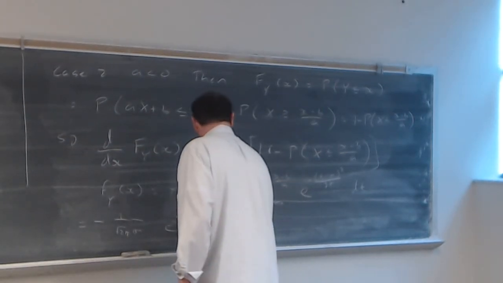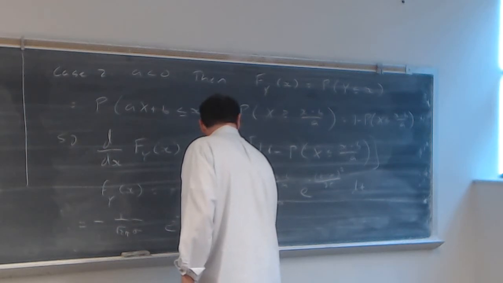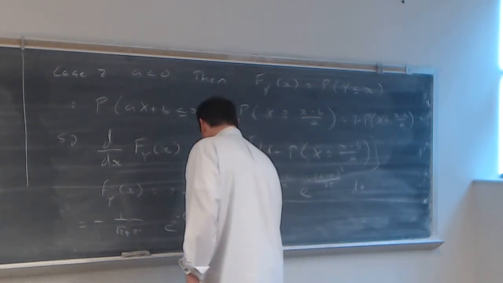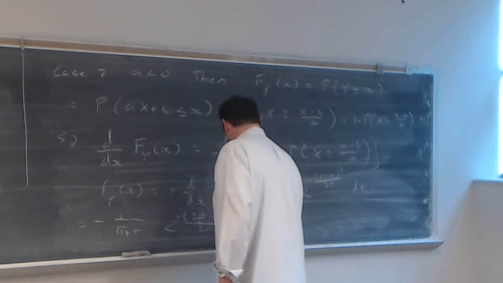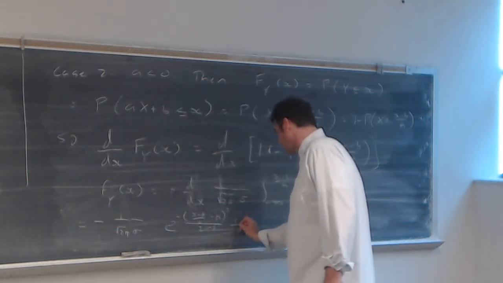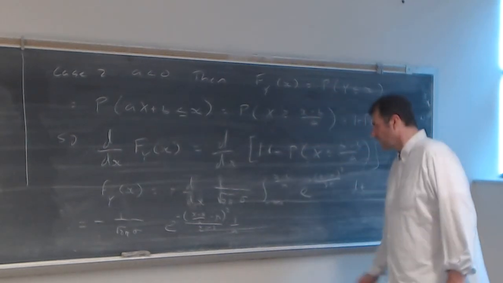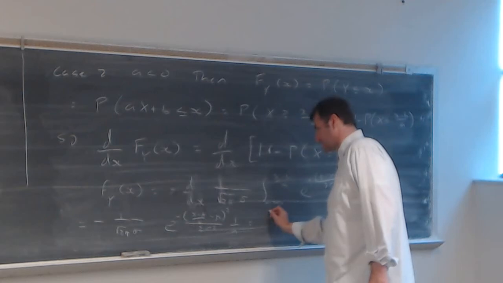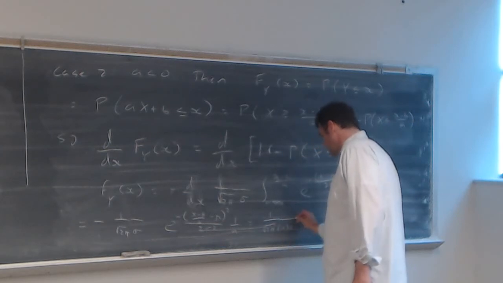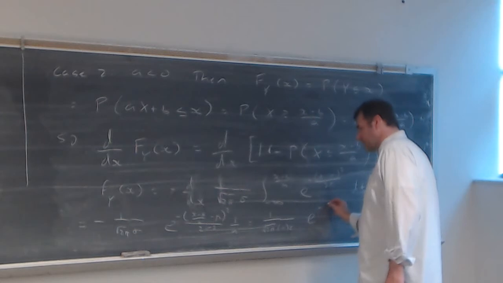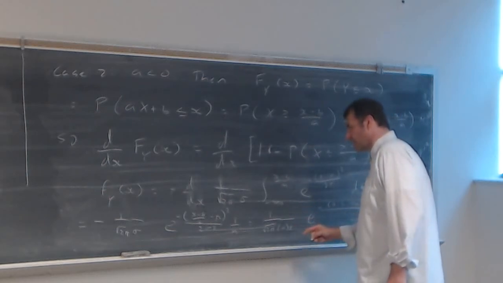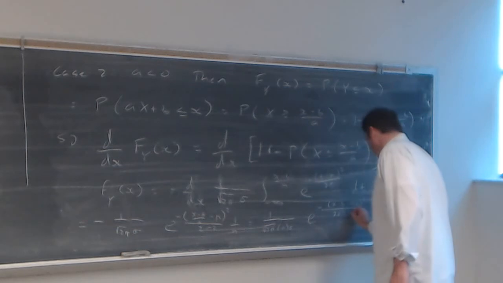Here I would get e to the minus, it would be x minus b over a minus mu all over 2 sigma squared, this is to b squared here, and then we'd have to take the derivative of this, which was 1 over a, and that's equal to, if you rewrite with the a having the minus associated to it, it's 1 over the square root of 2 pi minus a times sigma, e to the minus, this would be, again, x minus b minus a times mu to b squared, and in the bottom, we have 2 sigma squared, and then I have that a squared.